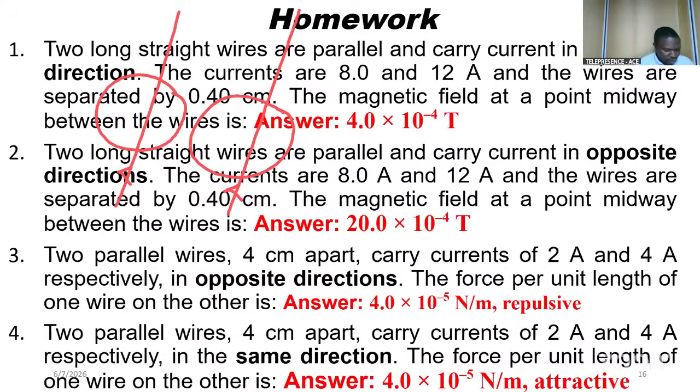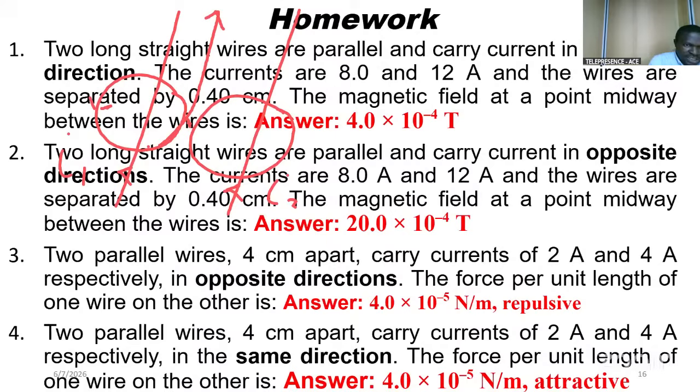This is I1 and this is I2. What they said was to calculate the magnetic field at the midway. This is the actual midway. So we can say the magnetic field is going like this, so it's actually going up like this.